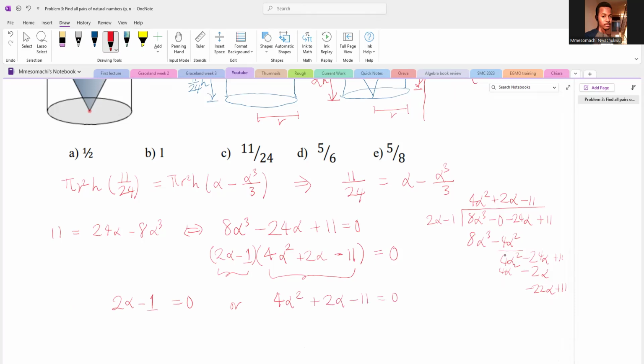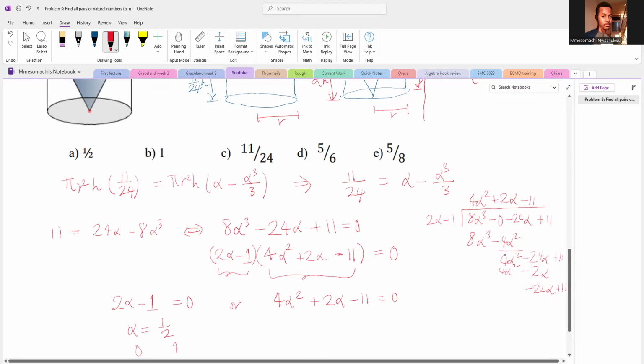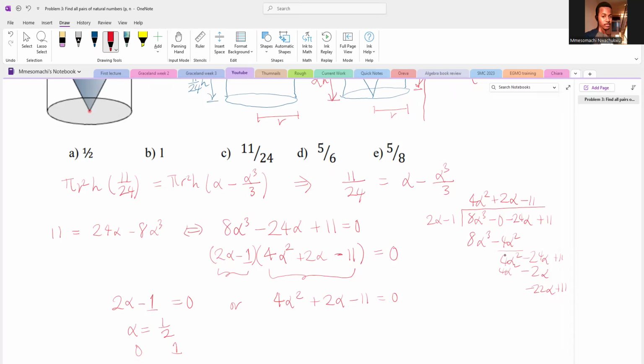Okay, so 2 alpha minus 1 equals 0 gives alpha equals half. This is satisfactory. It's between 0 and 1, as a fraction should be. So let's look at 4 alpha squared plus 2 alpha minus 11.